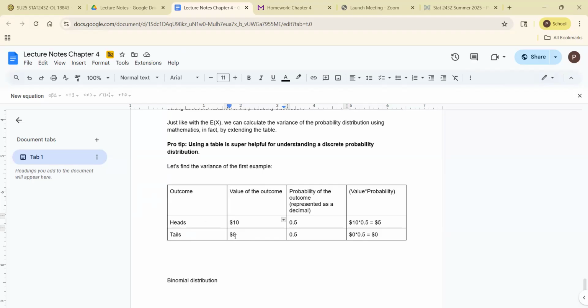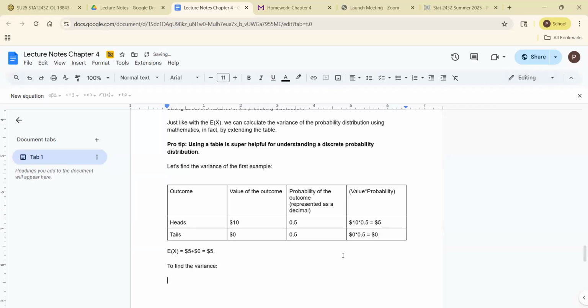Fantastic. If you got a tails, you didn't win anything. Oh well. Since you're flipping a coin, the probability is 0.5 for each, and the value times the probability for heads is $5 and for tails is $0. And that told us that the expected value of that probability distribution was 5 plus 0, which is $5.